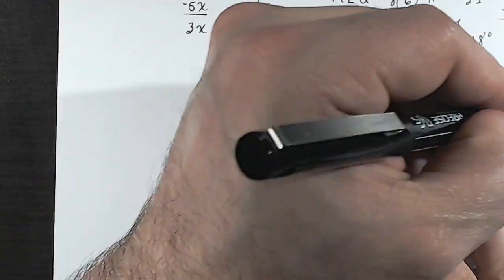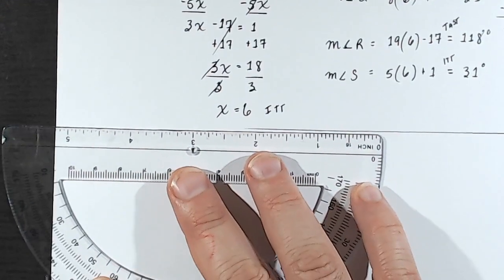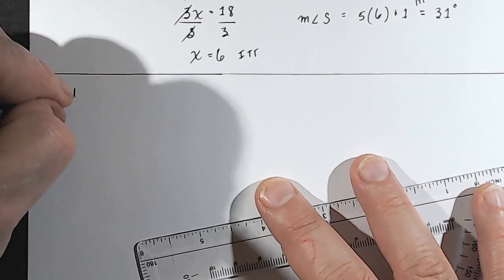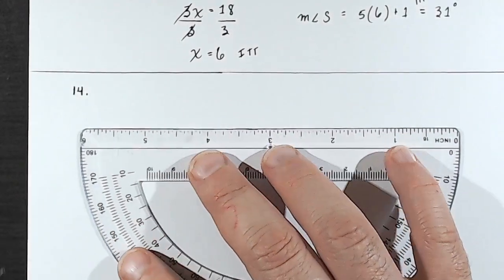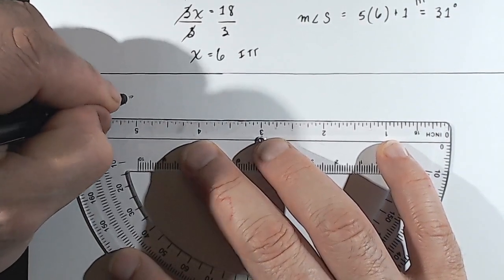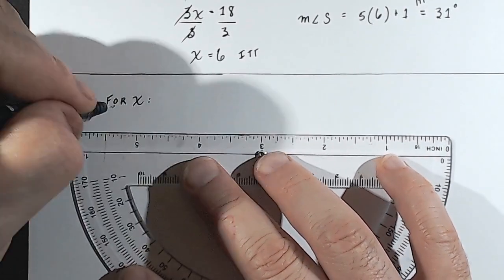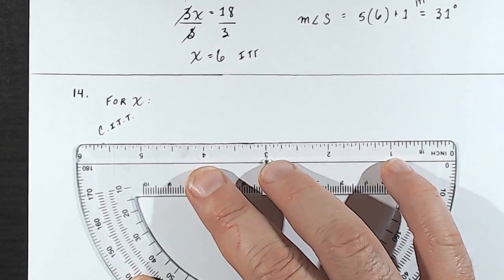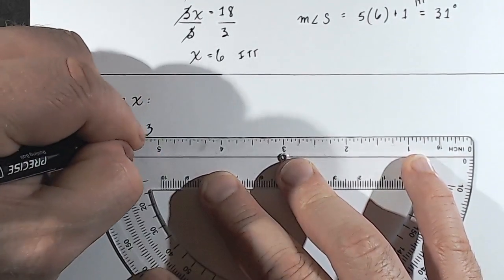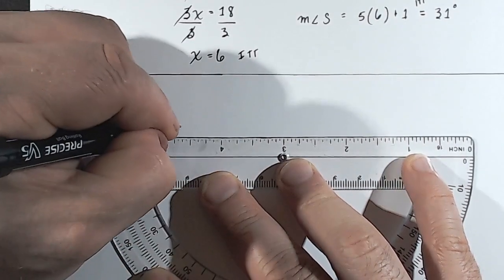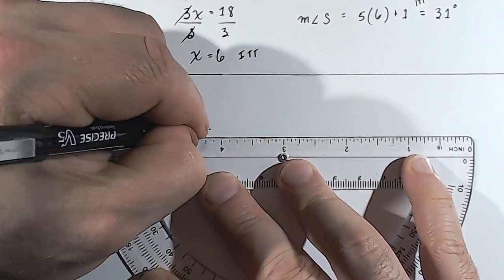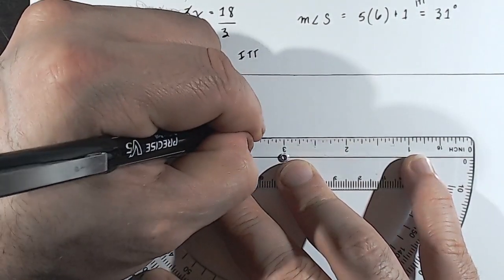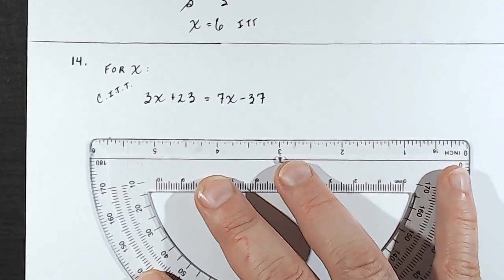So this is number 14. We're going to find x. All right, so by the converse of the isosceles triangle theorem, we know that 3x plus 23 is equal to 7x minus 37. Okay, so let's find x now.